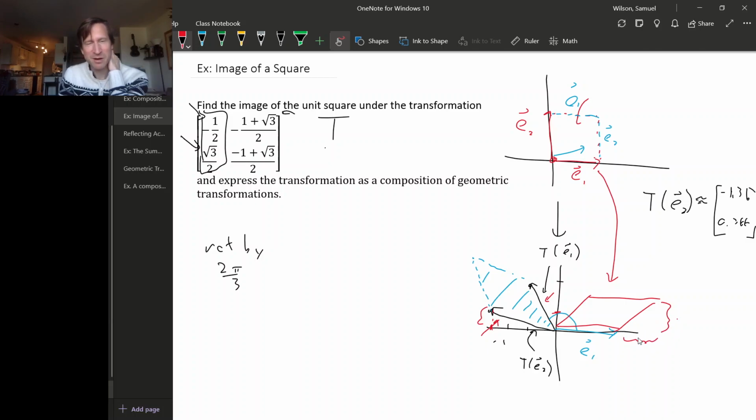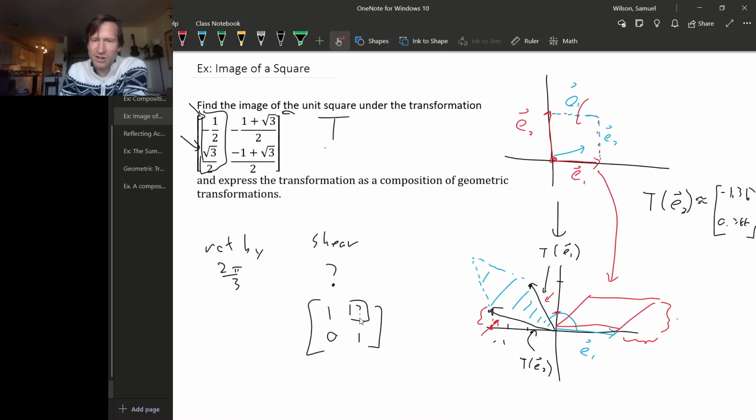So it's a little hard to figure out exactly what shear this is. There's some shear here. And we know that it's shearing the y-axis in the x direction because of how this thing is tipped. So this matrix is going to look like, the y-axis in the x direction, there's going to be some non-zero value here in the upper right, but it's a little hard to know exactly what that should be.